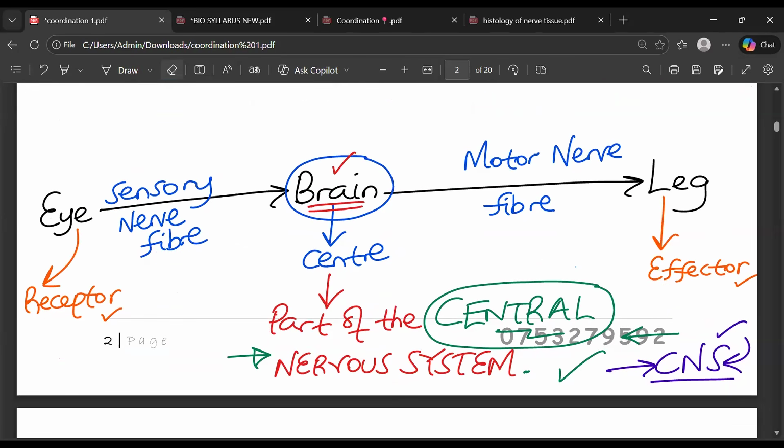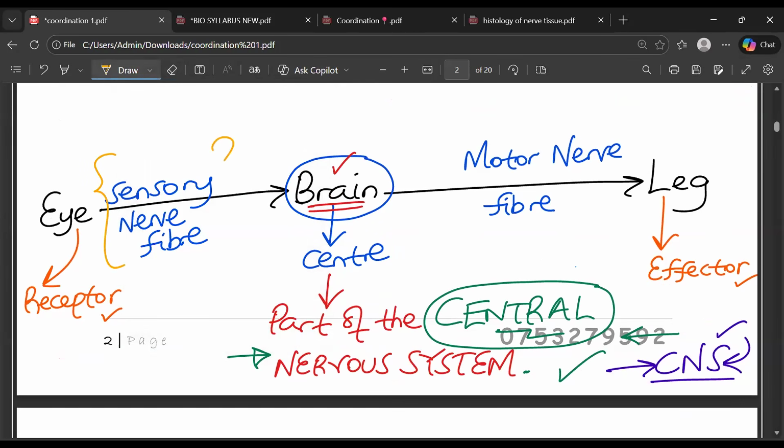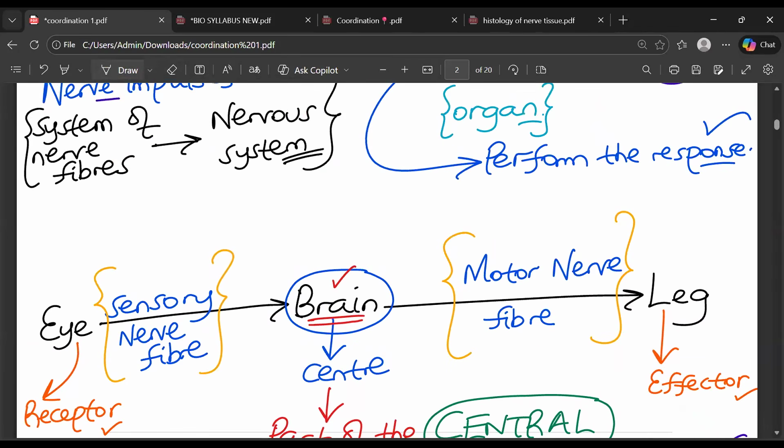Okay. So now the system of these nerve fibers, the ones that are surrounding the brain, as you guys are saying, because the brain is at the center of these sensory and motor nerve fibers, that means the sensory and motor nerve fibers are the periphery of the brain. They are the periphery of the central nervous system.